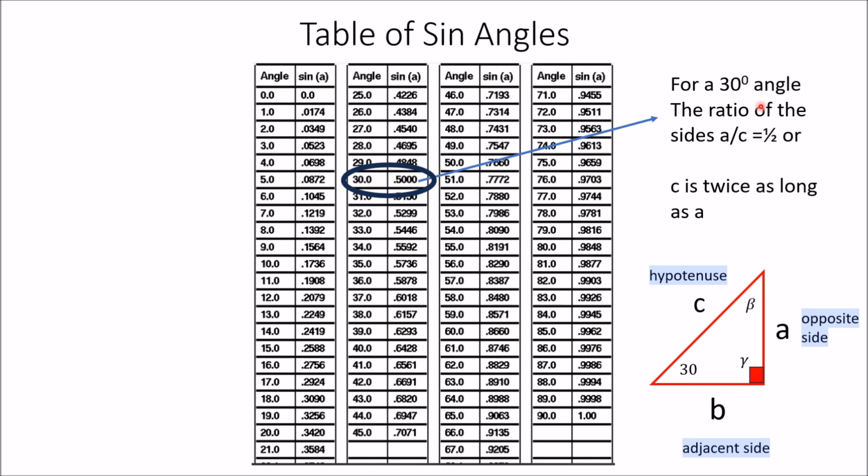So that says the ratio of the sides A divided by C is 1/2, or C is twice as long as A. That's all it means. So the sine of 30 is described as 1/2. And again, it means that A over C is 1/2, or C over A is 2 to 1, or C is twice as long, the hypotenuse is twice as long as A.